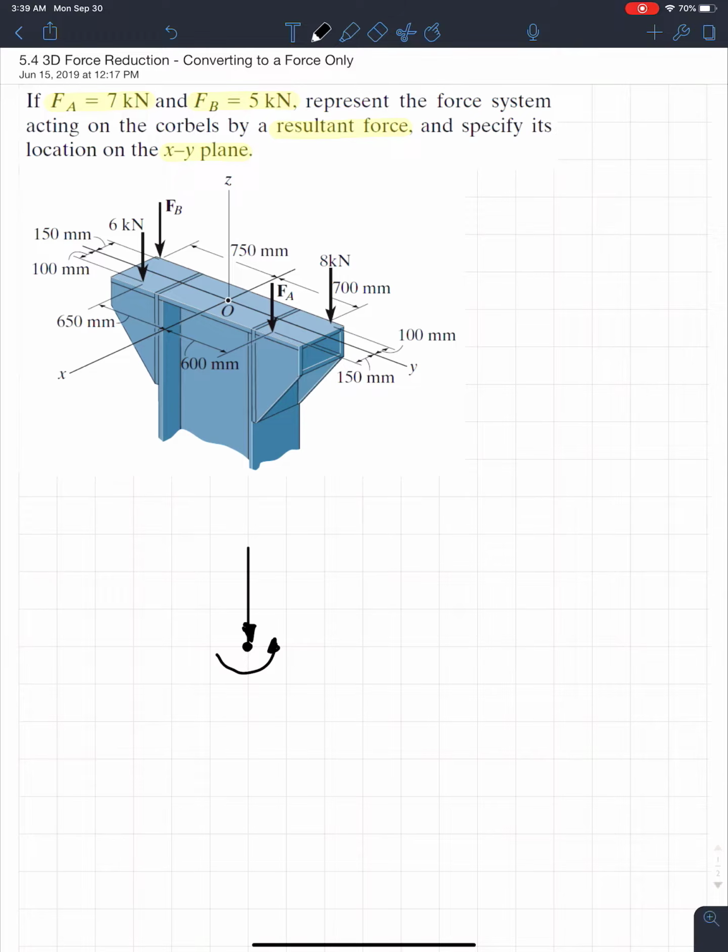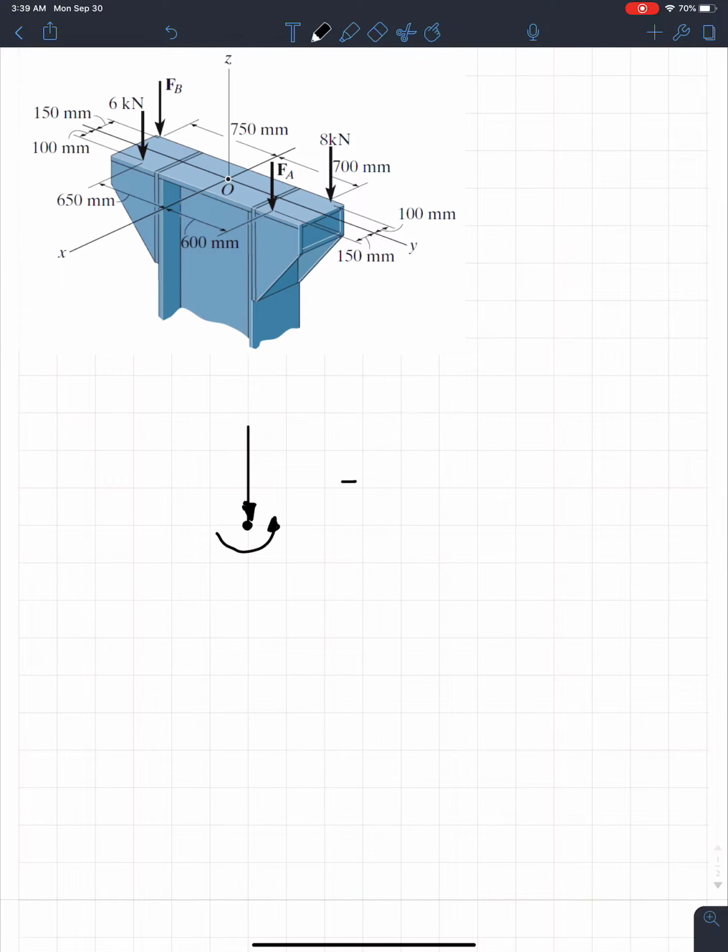Well, I can represent this with the point staying, but I move the force a certain distance away from the point, so that the force creates that moment we've seen before because it's moved at a distance away from the point. Of course, the force times the distance will equal the moment.